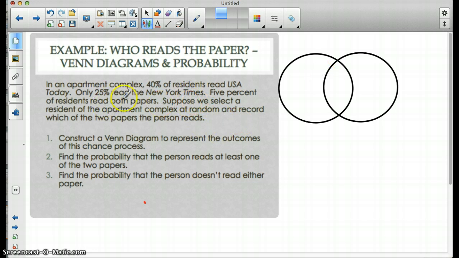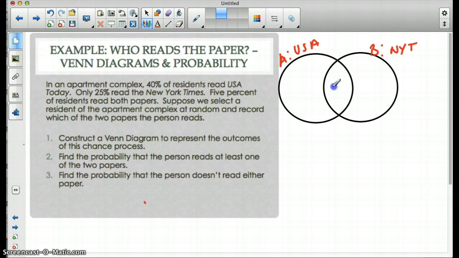So I'm going to first start with a little bit of labeling. Let's call this one A, and we'll say that that's the USA Today. And we'll call this one B, and that's the New York Times. Okay. I'm going to start with the overlap here.